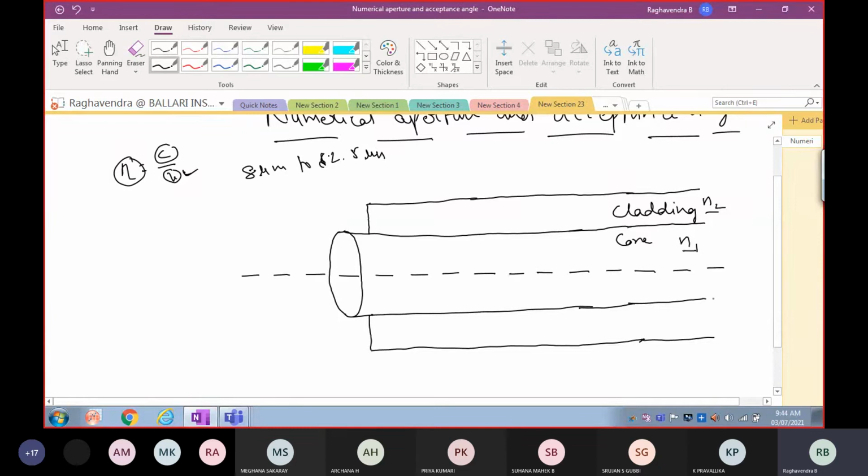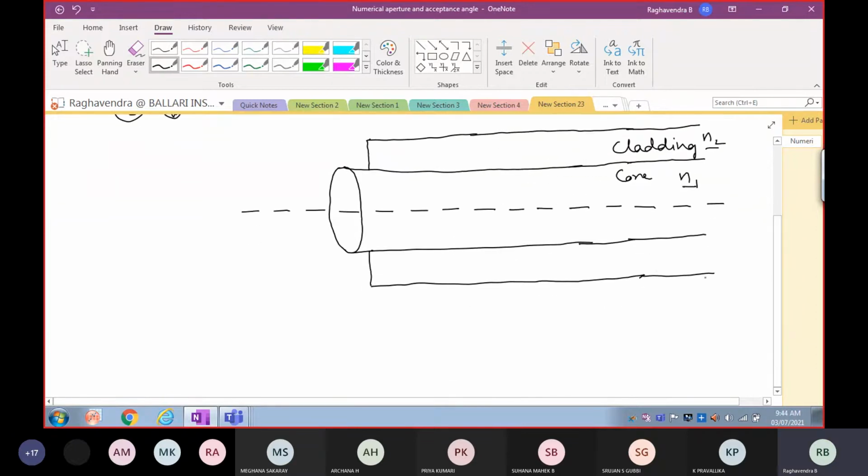This optical fiber is surrounded by a medium. That medium may be air or water or any other medium. N naught is the refractive index of the surrounding medium.